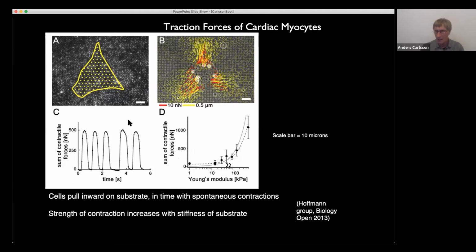So the cells are able to measure the stiffness of their environment. And that's important because cells have to know where they are. And that's one of the features of where they are and where they should go is the stiffness of their environment.